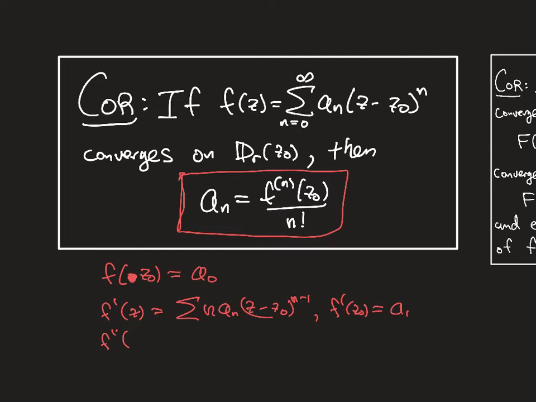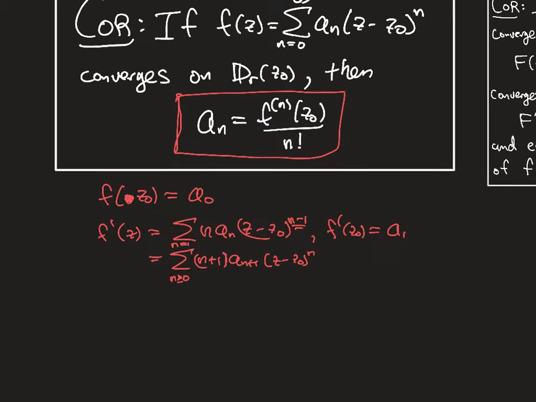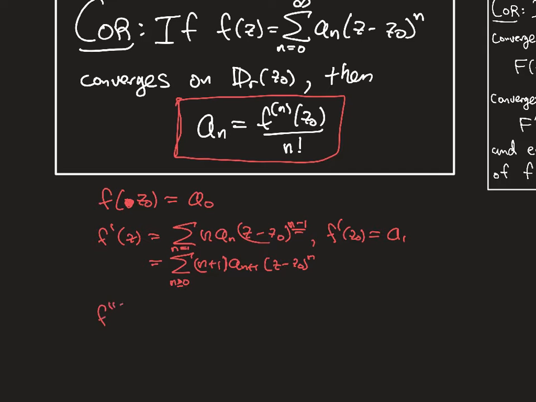And before I take another derivative, it's helpful to do a small shift in this formula to avoid potential negative powers. So I'm going to shift this so that I start at 0. And you do that by shifting the coefficients. And this makes it a little easier to move on to the higher derivatives.